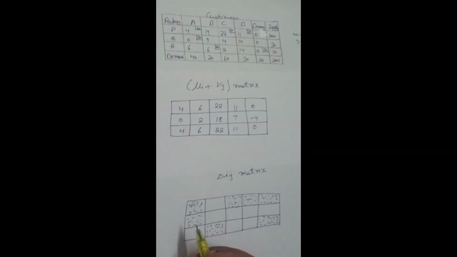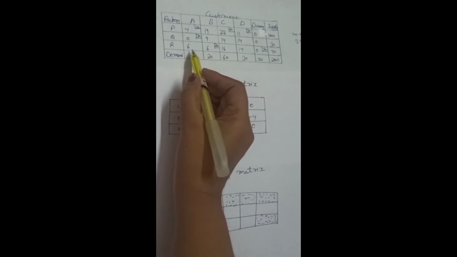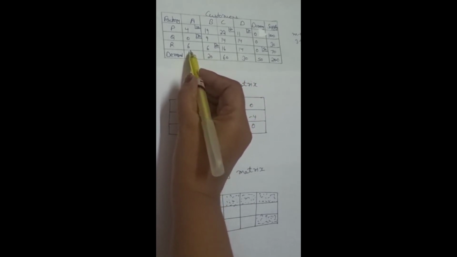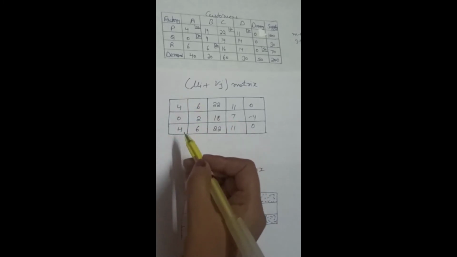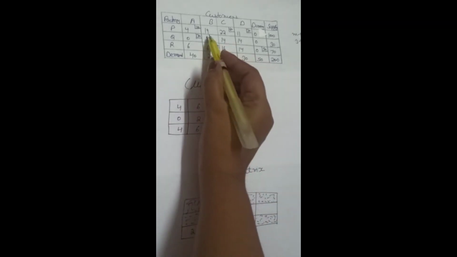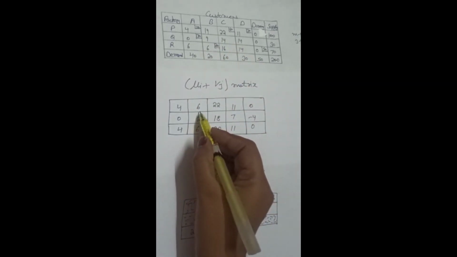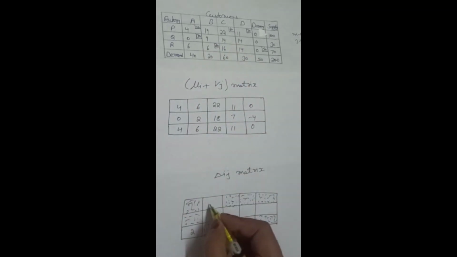Our value in the original matrix is 6 for this cell, and in the ui plus vj matrix is 4. So we can say 6 minus 4 is equal to 2. For this cell, we will repeat the process. Here we have 19 in the original matrix and 6 in the ui plus vj matrix. So 19 minus 6 is equal to 13. Here we have 9 in the original matrix and here we have 2. So 9 minus 2 is equal to 7.